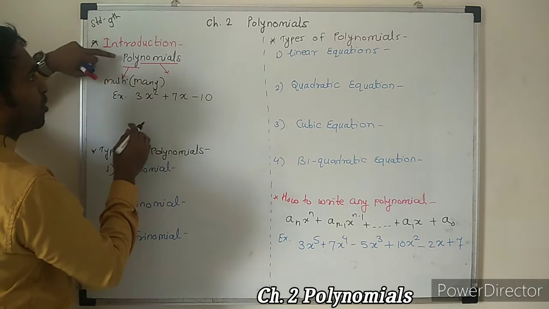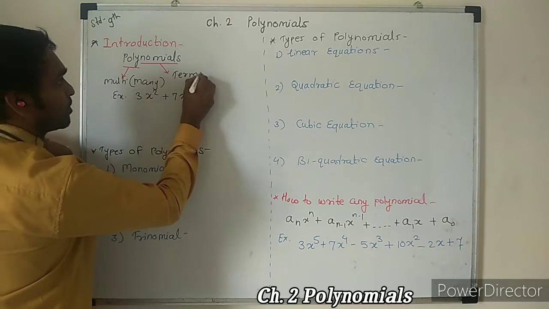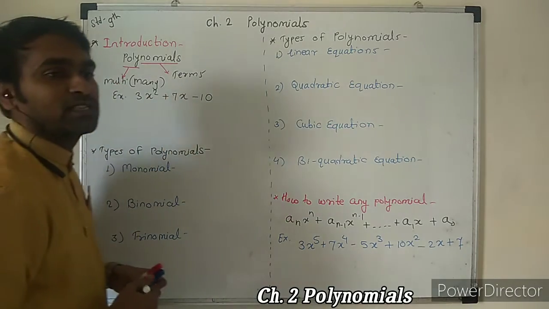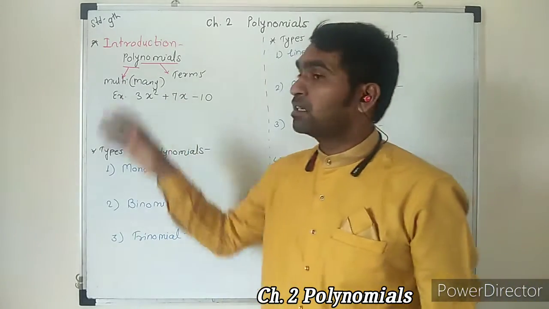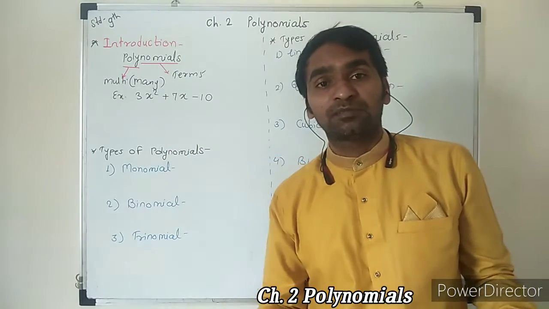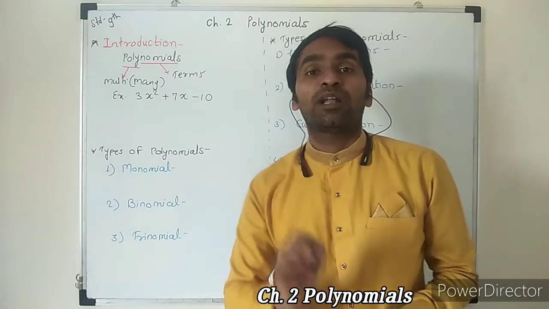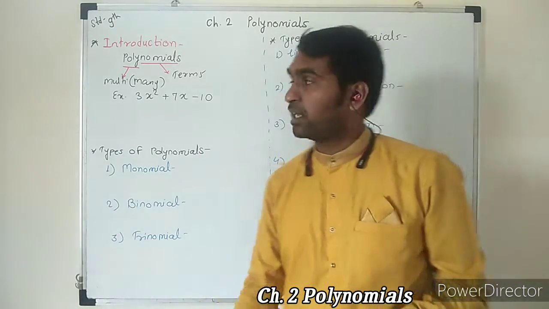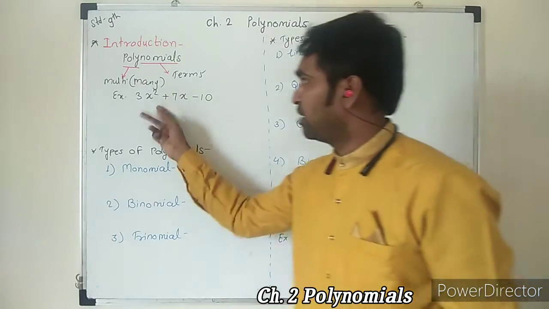And nomial means terms. So if any equation has many terms, one term, two terms, three terms or many terms, that is called a polynomial. Nomial means terms, poly means many.